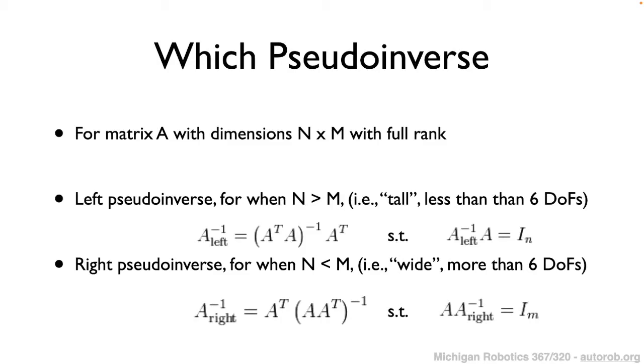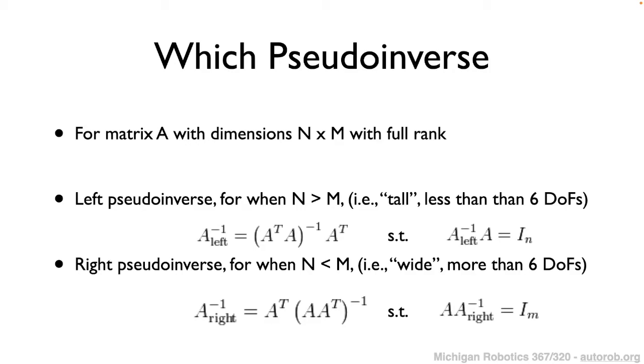We discussed the pseudo-inverse during lecture 6 in our linear algebra refresher, but I wanted to include this slide in our lecture today just to refresh all of our memory on how we can compute the pseudo-inverse, because based on the size of the matrix, the particular pseudo-inverse that we are able to compute will vary.